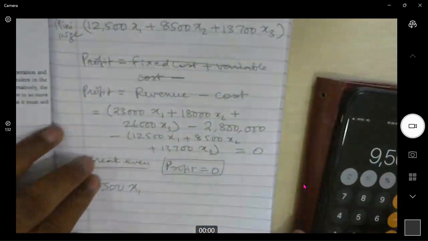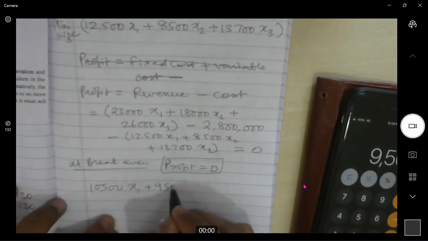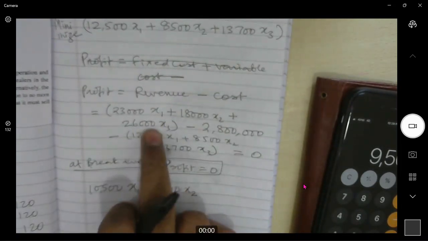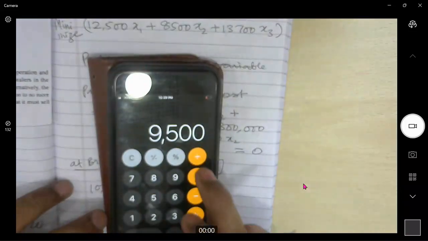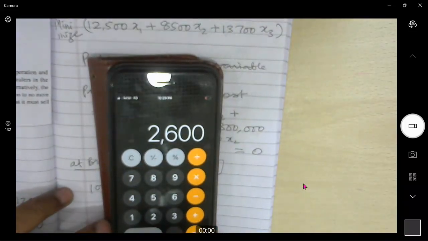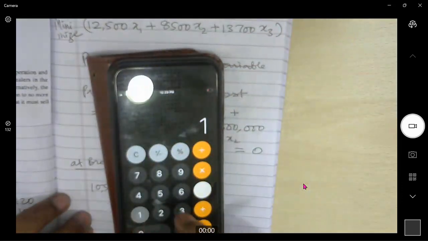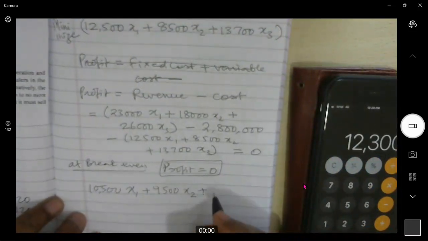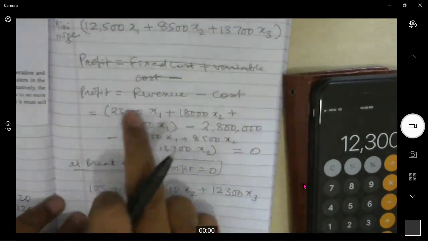So 9,500 I'm getting. So this is again plus 9,500 x2. Similarly, the third one is 26,000 minus 13,700. Okay, so let me do that. 26,000 minus 13,700, yes, I'm getting 12,300. So plus 12,300 x3.